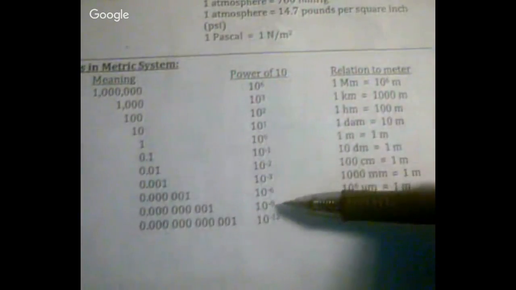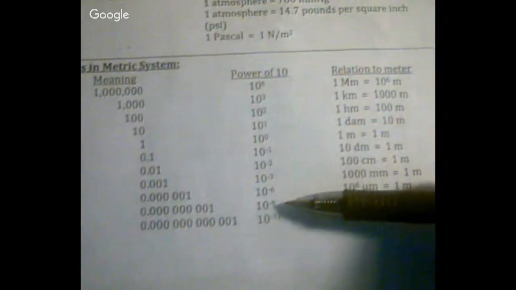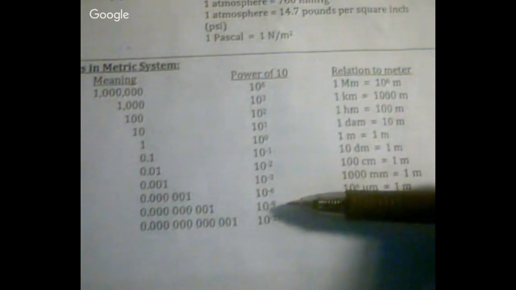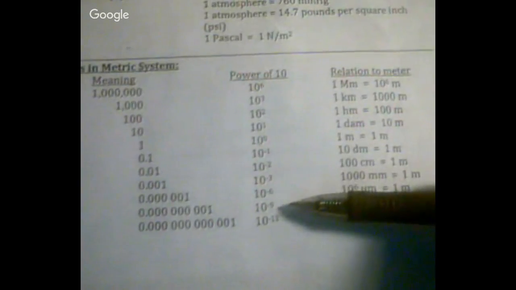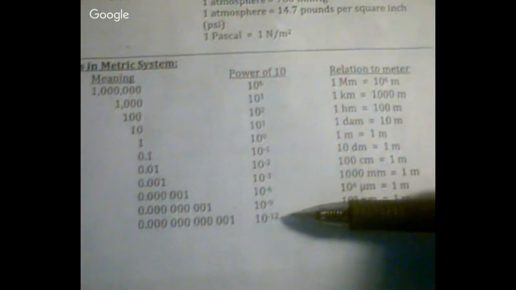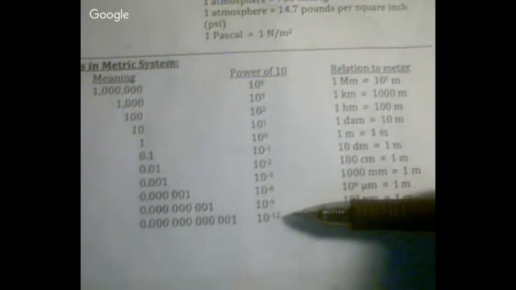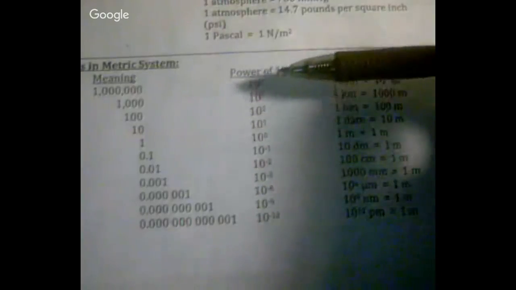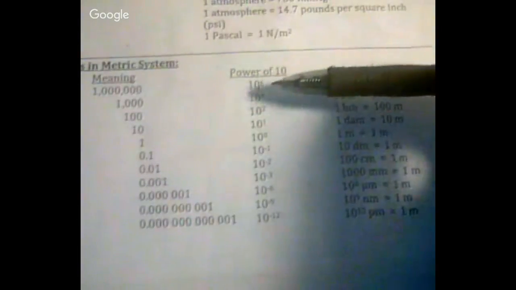And then nano is 10 to the negative 9th. So what this 10 to the negative 9th is saying is that 1 nanometer is 10 to the negative 9th meters. Just like this 10 to the negative 12 for pico. That's saying 1 picometer is 10 to the negative 12th meters. Okay, so these are all really small units down here. Up top, those are big units. A megameter is 10 to the 6th meters.